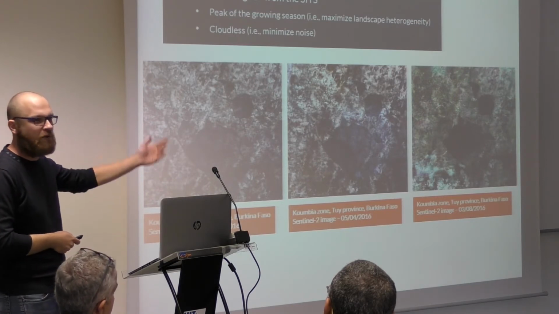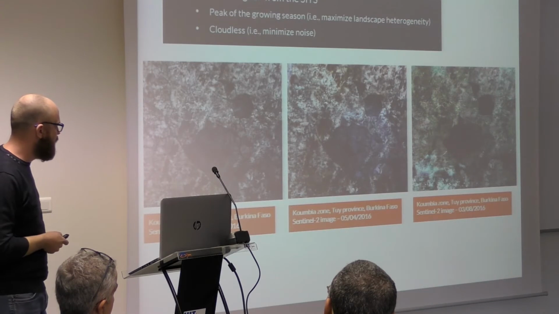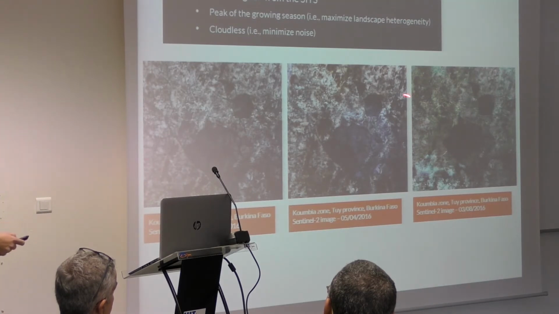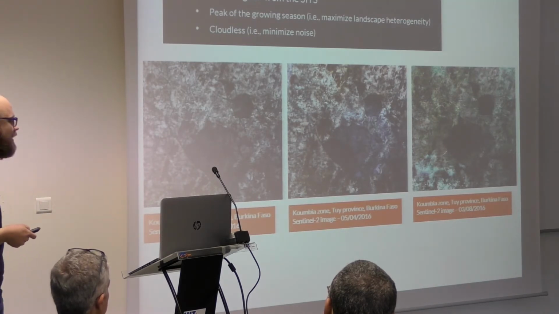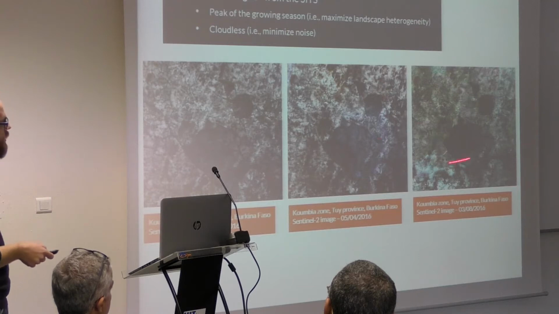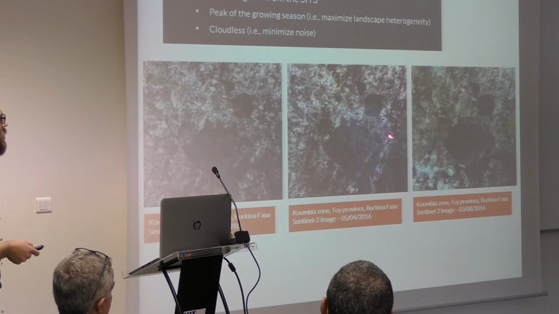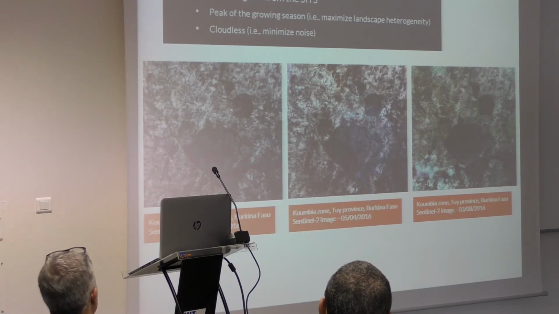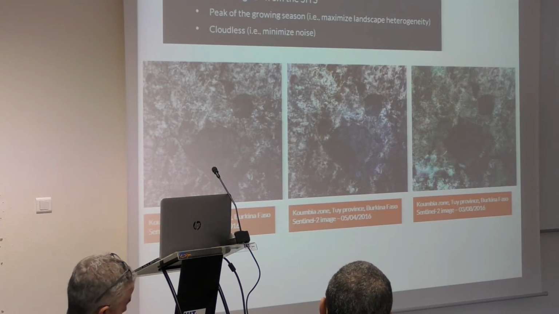Which is not the case for radar ones, for example. So if you see two images of Cumbria here, you can clearly see that the image taken in August is much clearer, and there's much more vegetation diversity and heterogeneity than the other two taken in April and in January, for example. So in this case, we do the segmentation on this one.